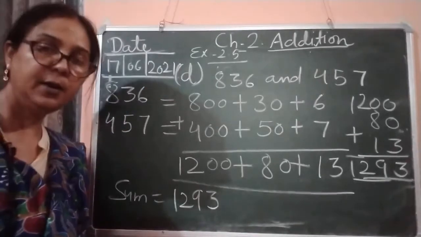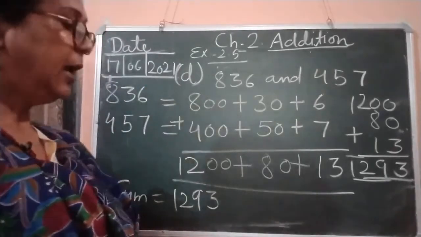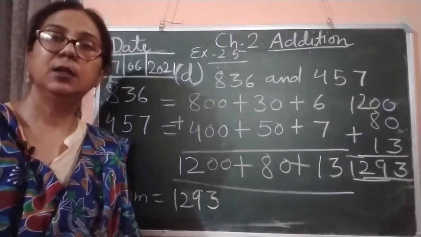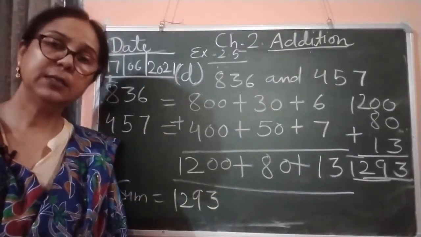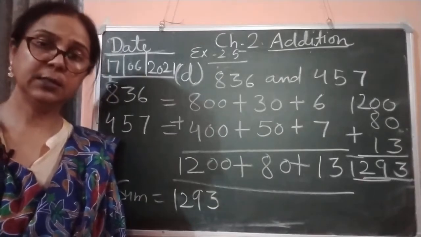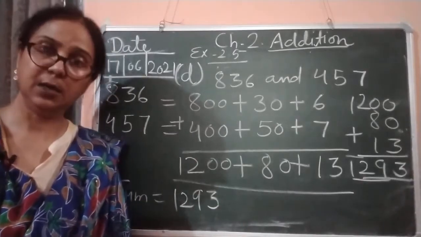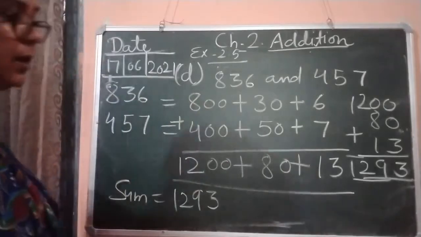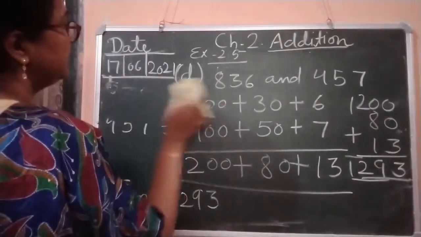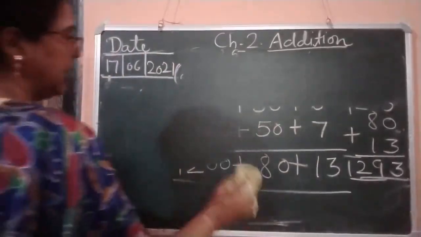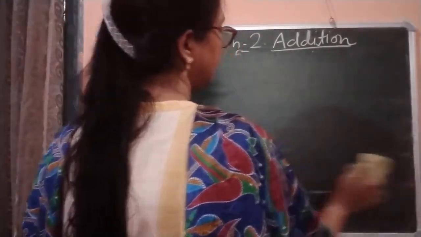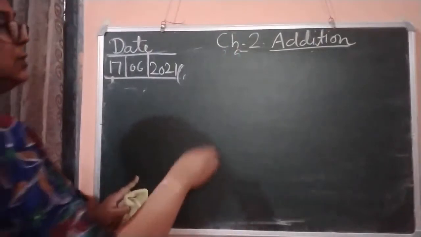Now after expanded form, as we are adding these numbers in expanded form, we will start a new concept, that is estimating the sum. So the next topic of our class today is estimating the sum.